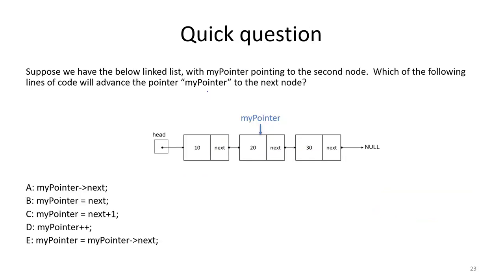Let's do a quick practice question then. Suppose we have this linked list below, and my pointer is currently pointing at the second node of our linked list. We want to advance my pointer to point at the third node.